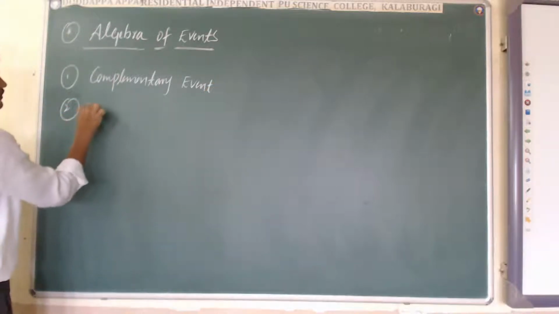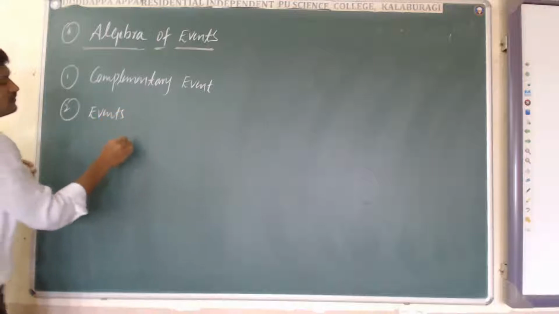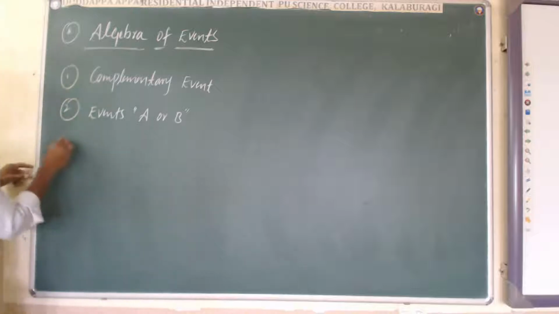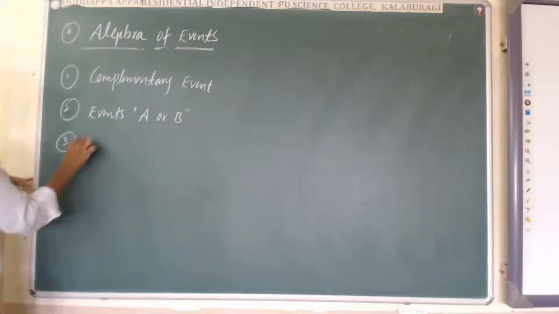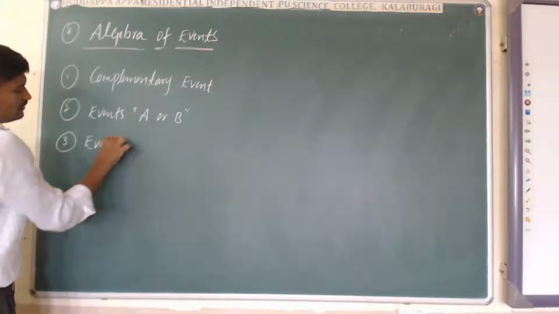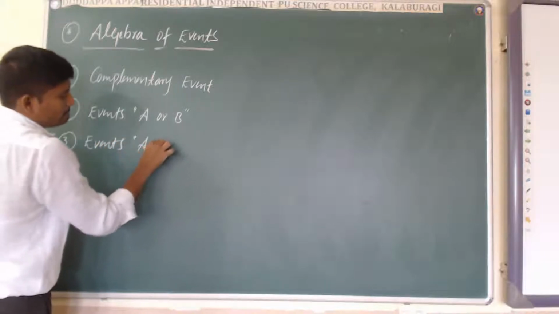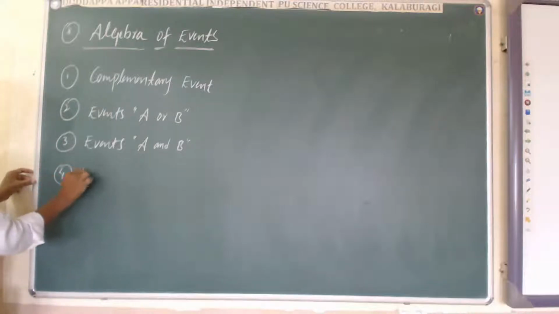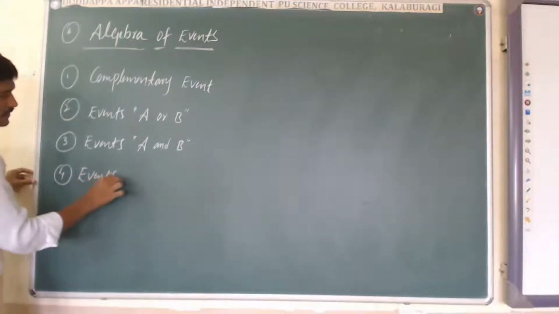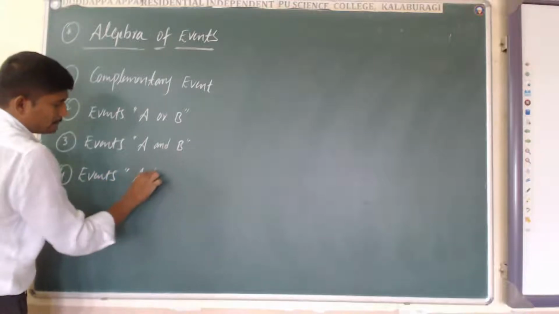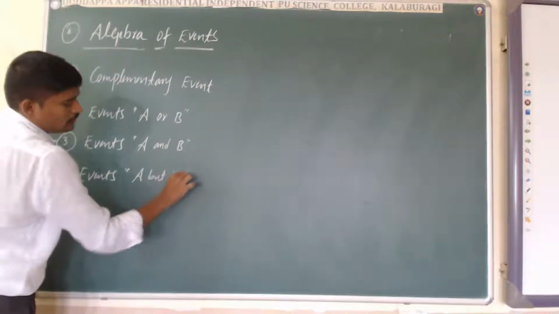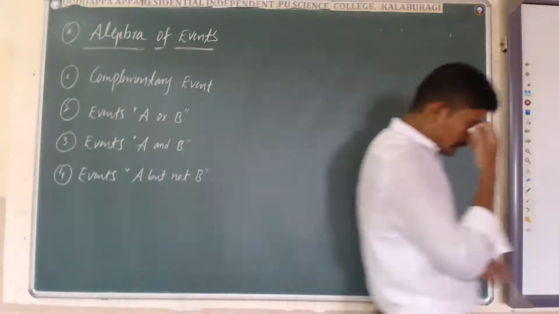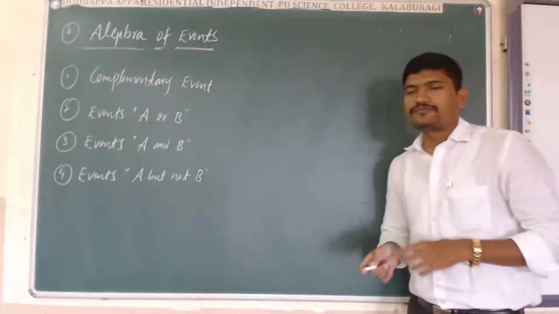The second one is events A or B. Then events A and B. Then events A but not B. Okay, dear students, so these are the algebra of events.